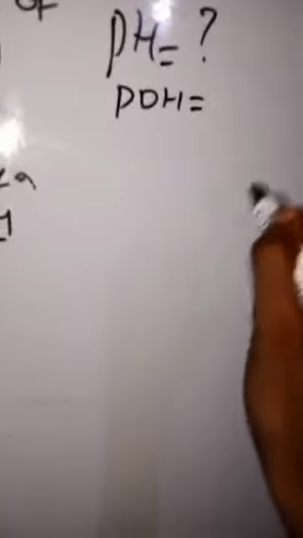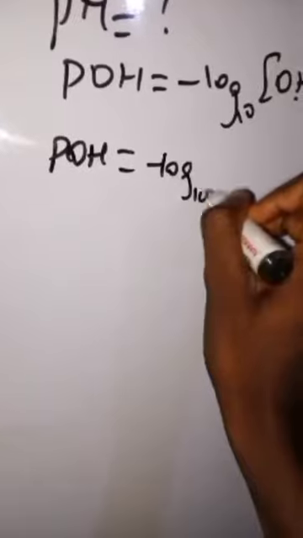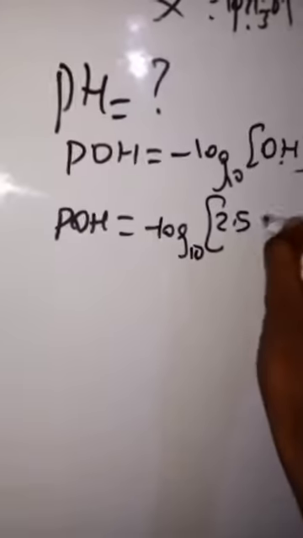Yeah, let's go. So we have pH is equal to, you are asked for your pH, but this is NaOH, so you are going to look for your pOH. So what's the formula? Minus log base 10 of OH minus. What's the OH minus? This is the concentration. pOH is equal to minus log base 10 of 2.5 times 10 raised to the power minus 6. Yeah, this is where the thing comes in now.